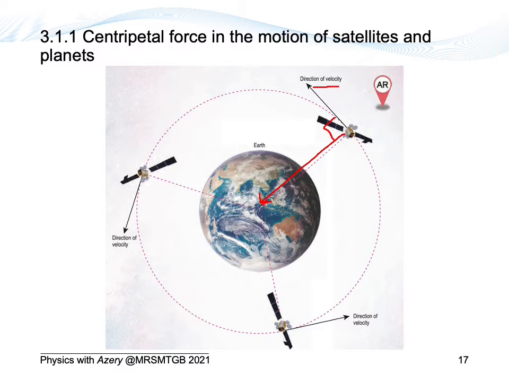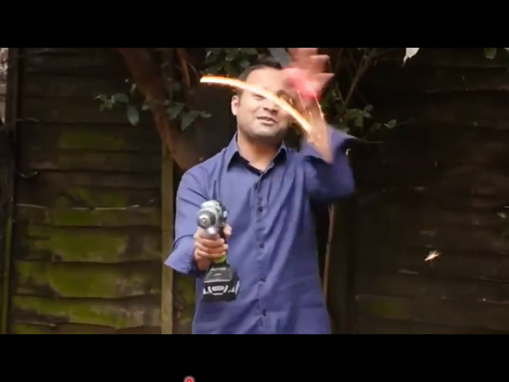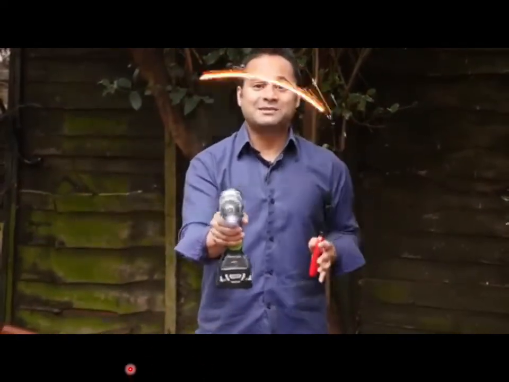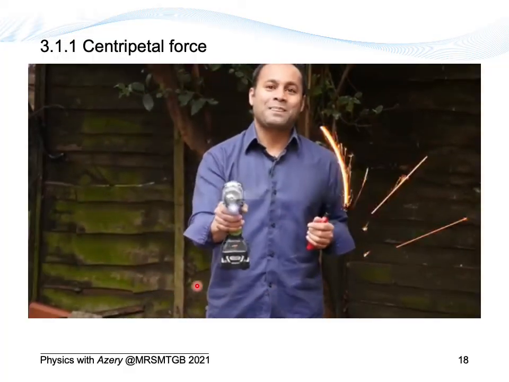Okay, I have a video I want to show you. Let's watch together. So you can see here that this colorful thingy is revolving around the center of the object here.